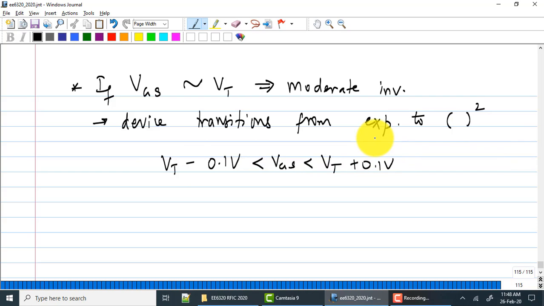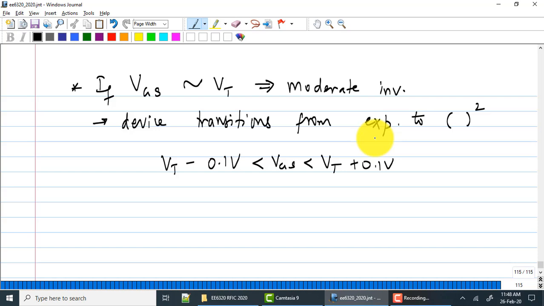Is it acceptable for us to operate the device in that region? You are jumping too fast. The reason is we have not even figured out how to bias VGS at VT. How do you bias VGS at VT? Let's figure that out first before you jump ahead and say what will happen at the gate.